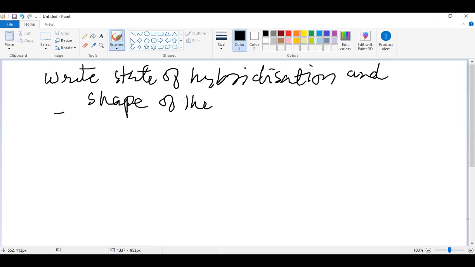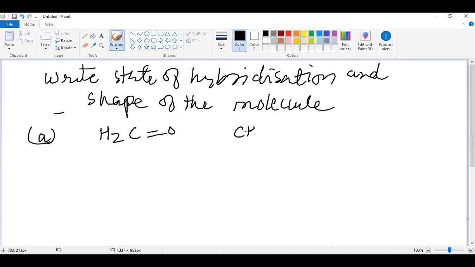The first molecule that we have is H2C double bond O. The second one is CH3F, and the third one is HC triple bond N.